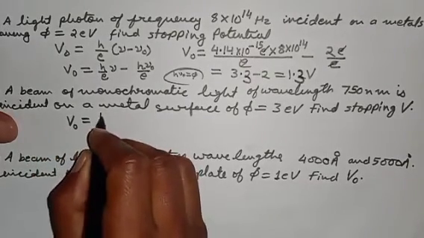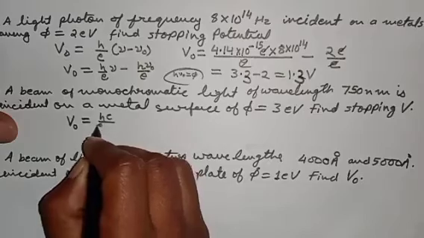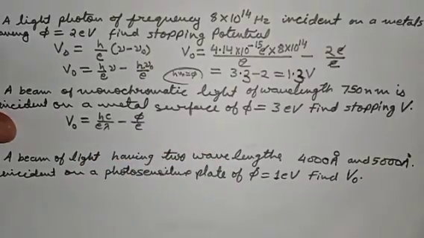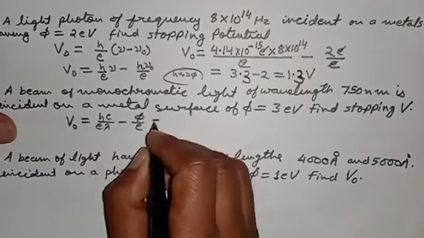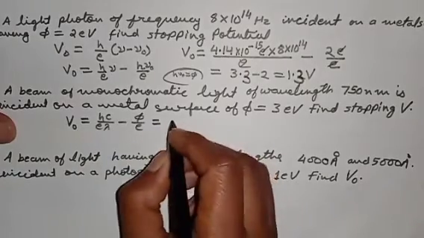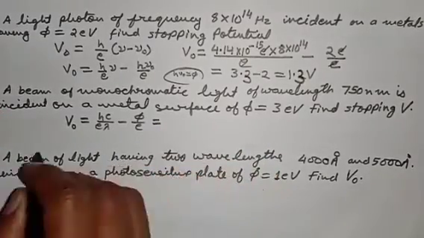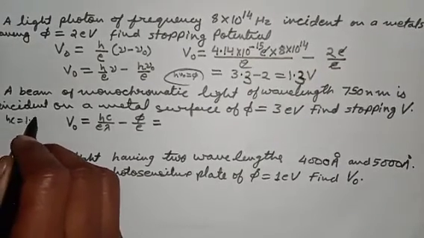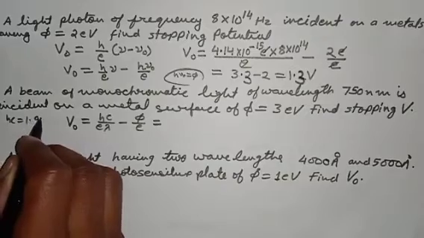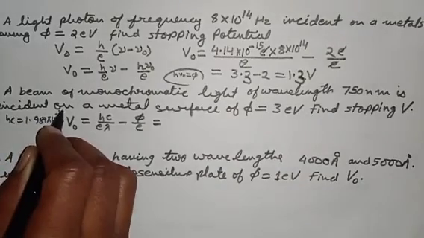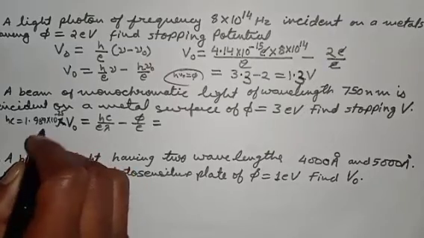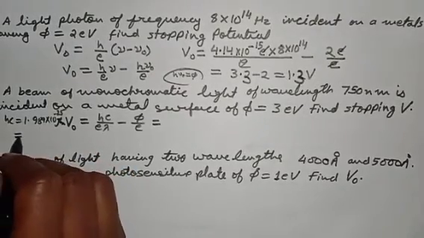Now I'm doing it: hc by e lambda minus phi by e. The value of hc is about 1.989 into 10 to the power minus 25 joule meter, and we convert it into electron volt meter.